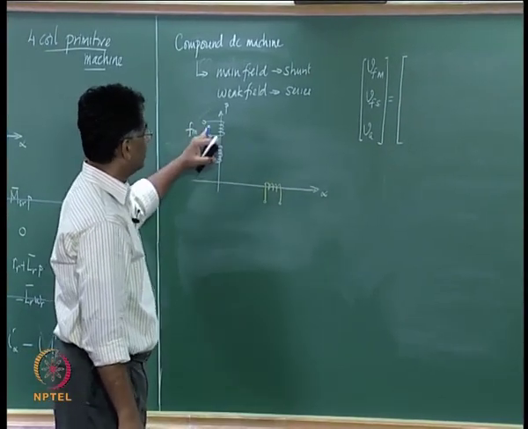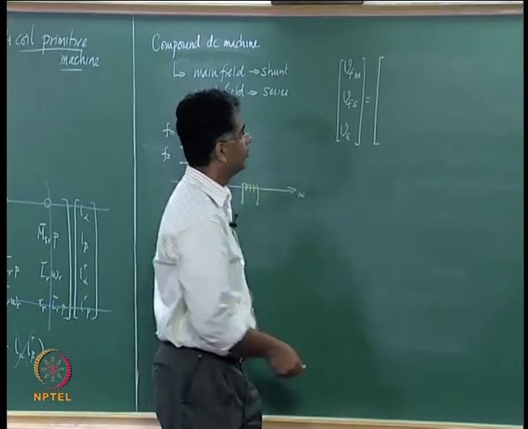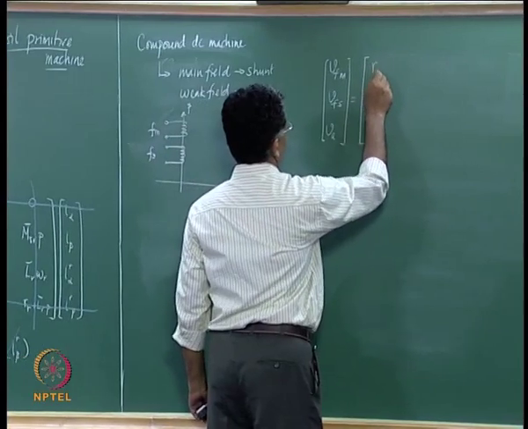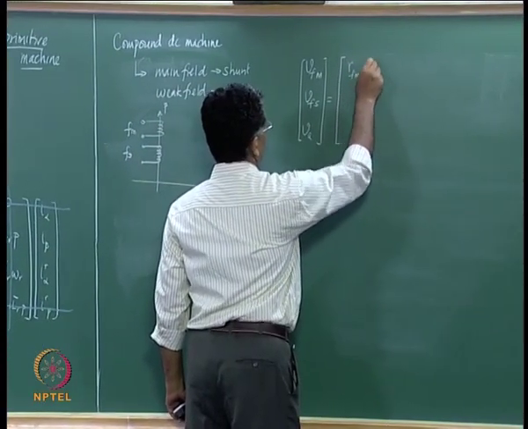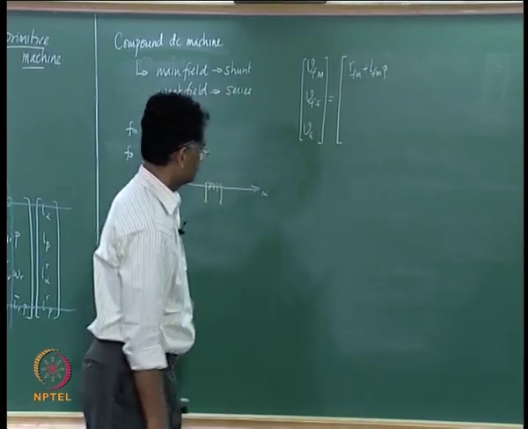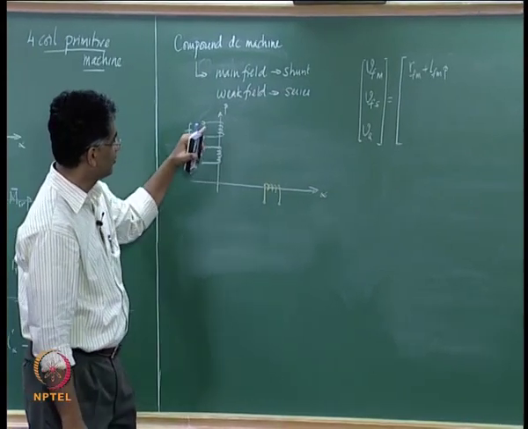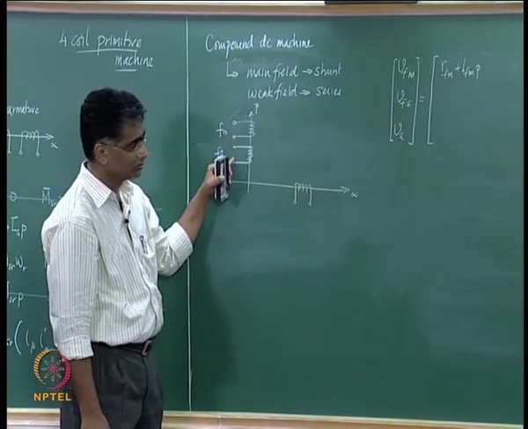Now, the first term for VF main would be the self impedance, and therefore this is RF main plus LF main P, and then the second term would then be the mutual term between these two.